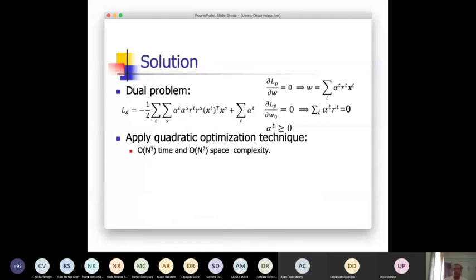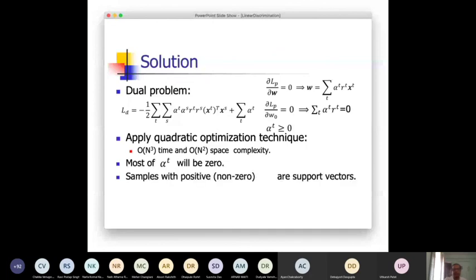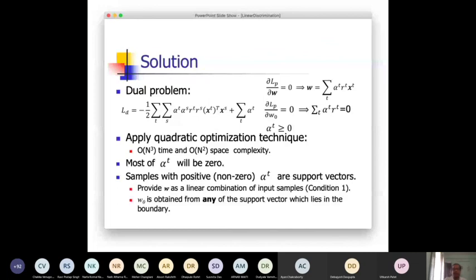So apply the quadratic optimization technique, and these are the characteristics. You will find most of the alpha will be 0. In fact, those alpha which are lying on the class boundaries only will be non-zero, and they form the support vectors. And that's how the weight is a linear combination of input samples. That means you get your solution in this form.